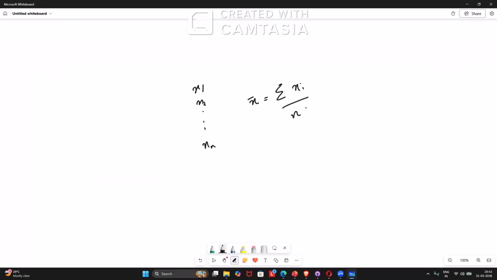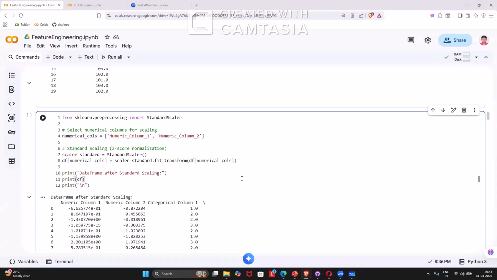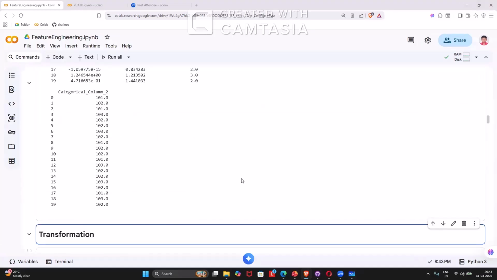Then it will also find the standard deviation. Then each xi will be changed to xi minus x mean, divided by sigma. That is what we call standardization, standard scaling. And it is a kind of normalization too. That's also a choice.